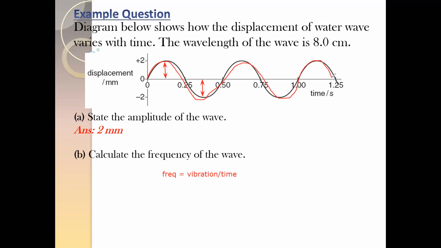The total number of waves divided by time, because a wave is a vibration, so this is 2.5. And what is the time given in the question? The 2.5 vibrations are taking 1.25. So 2.5 divided by 1.25, what will we get? 2 hertz. Is it clear?